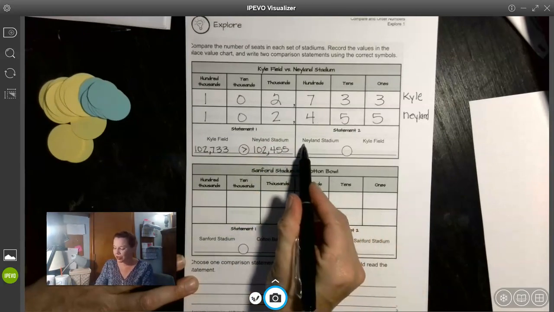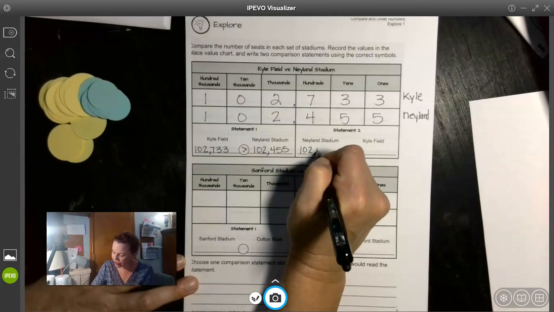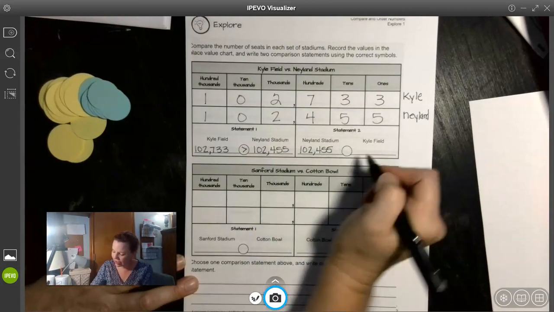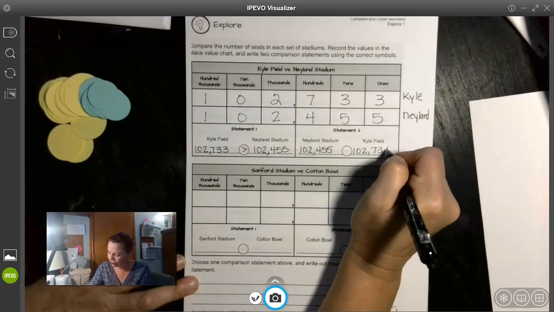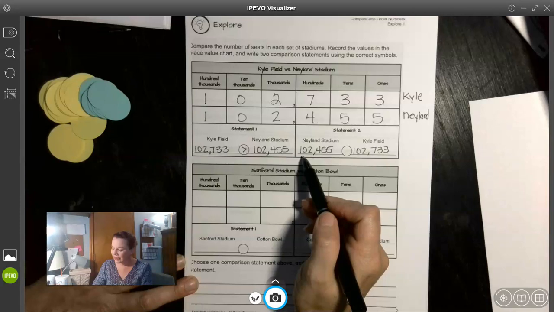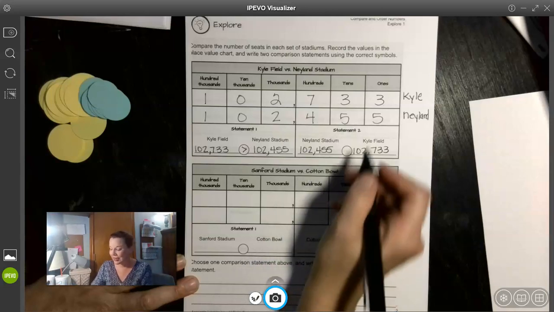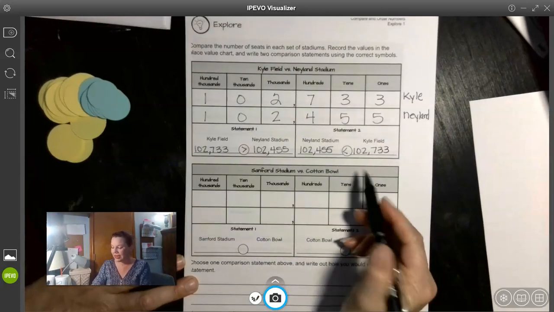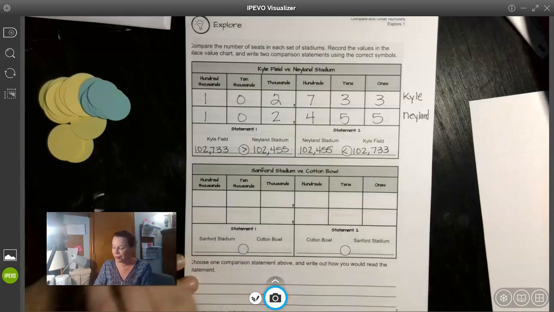So now they want us to write Neyland's number first. So we're going to write that first. And Kyle's number second. All right, so Neyland Stadium of 102,455 is less than Kyle Stadium at 102,733.